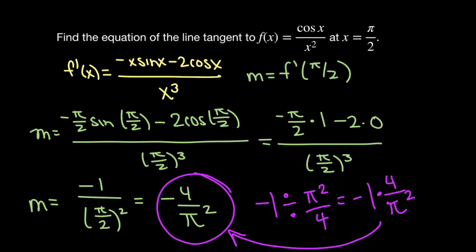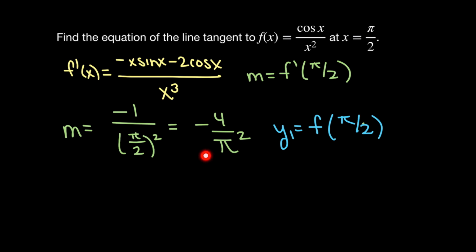This is the same as negative 1 divided by pi squared divided by 4. And then, to divide fractions, you multiply by the reciprocal. So negative 1 times 4 over pi squared. And that's how I got the slope of my tangent line. So my slope is negative 4 over pi squared.